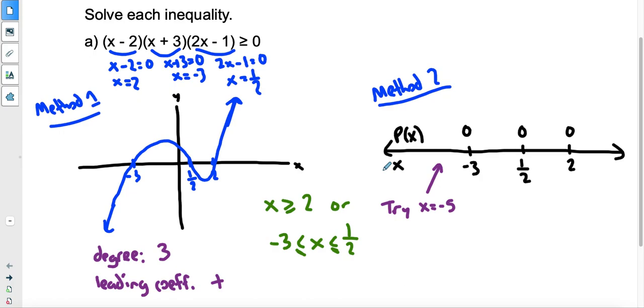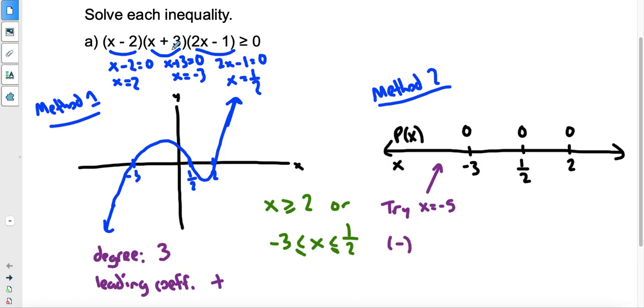And now, if we plug it into our polynomial, we want to see, is our polynomial going to be positive or negative? Well, let's try. If I plug in negative 5 into my first factor, x minus 2, I'll get negative 5 minus 2, which is a negative number.